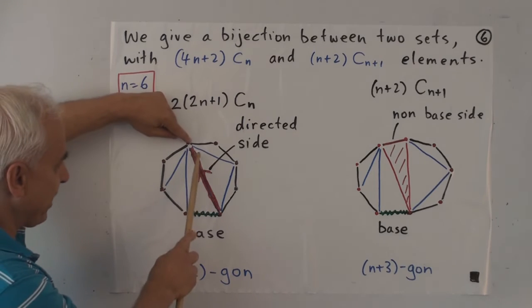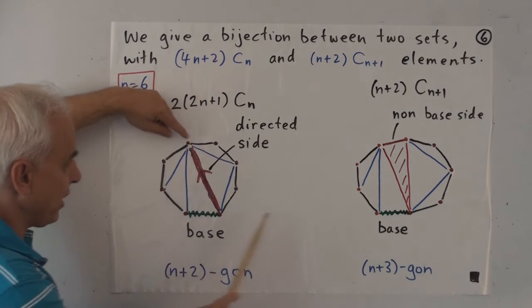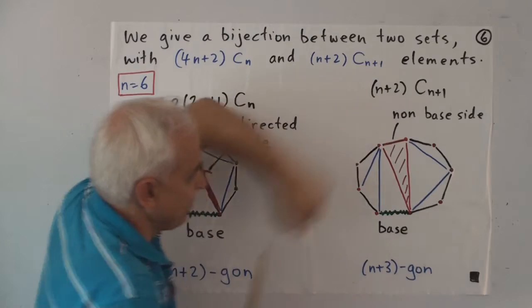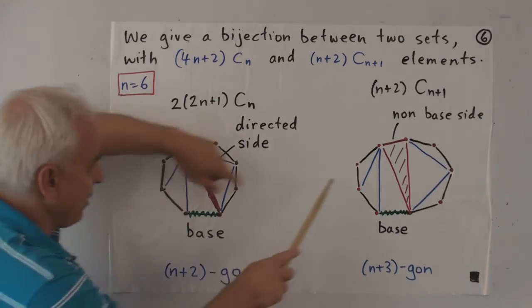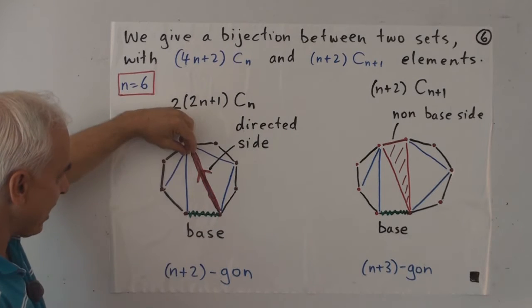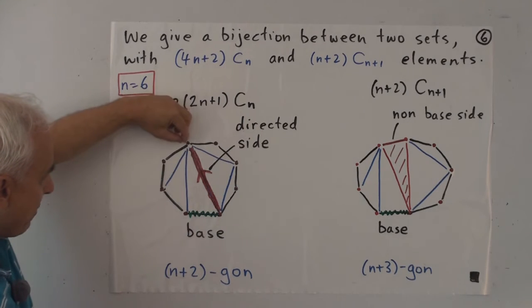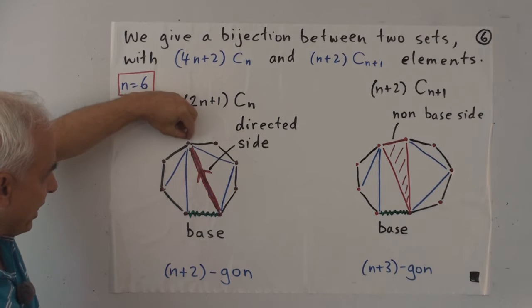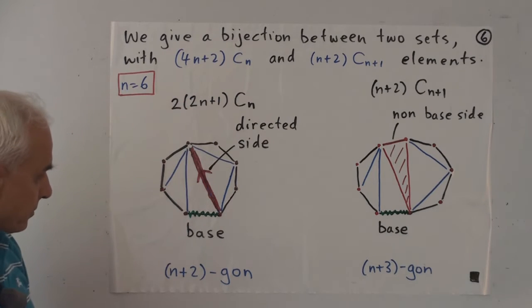The rest of the triangulation is as before. So these ones here are just like there, and these ones here are just like over here. So basically we've taken this thing here and we've opened up that edge by essentially expanding that vertex and adding a new edge right at that vertex.